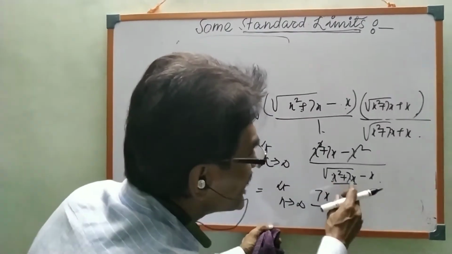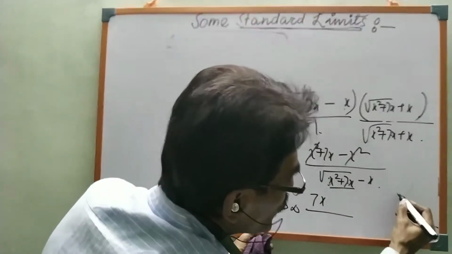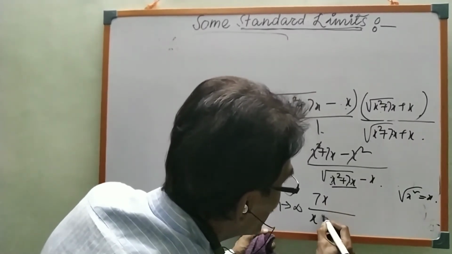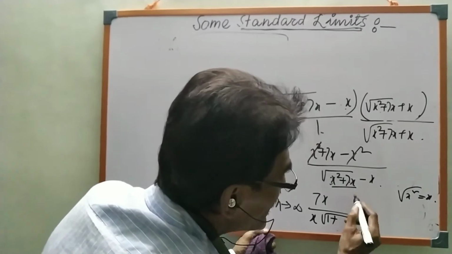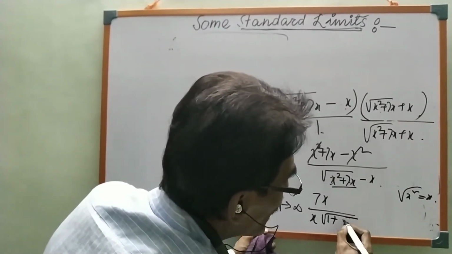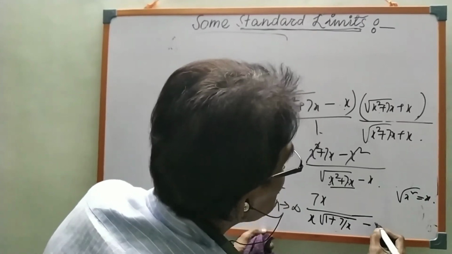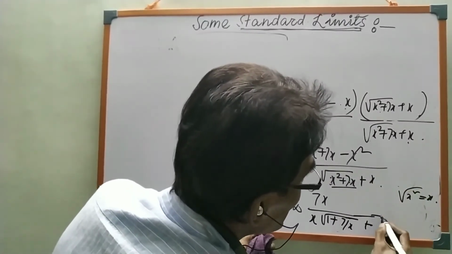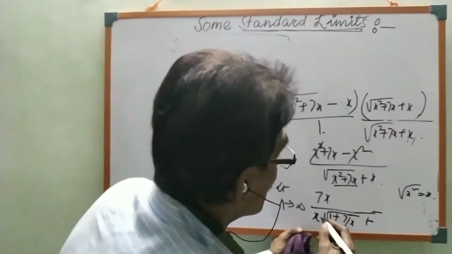So if I take x square common inside the root, x square means you know x, we are writing only x. So here what is left? 1 plus 7x by x square means you are getting 7 by x, and there is plus x, I'm sorry, this was plus x, and you are dividing this one.